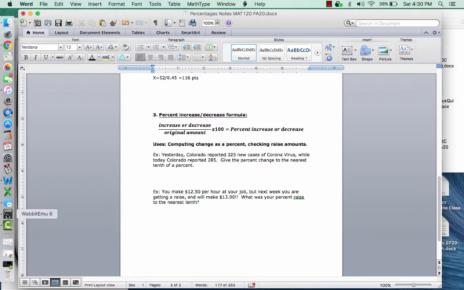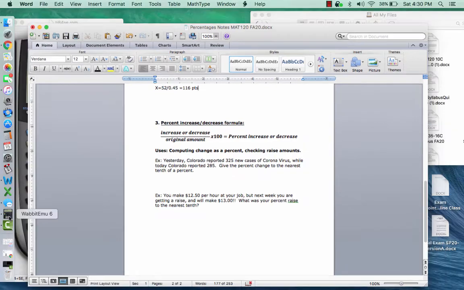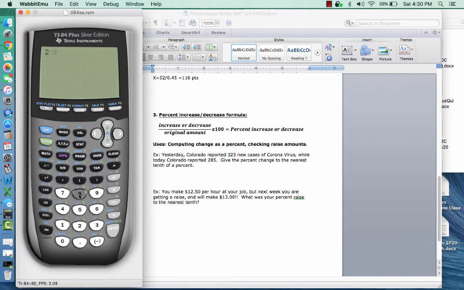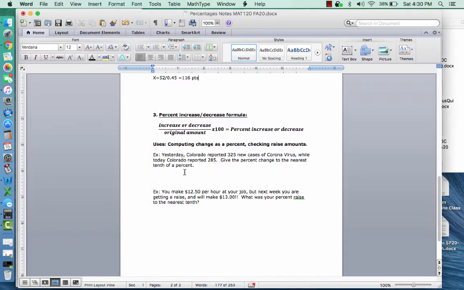Well, first I have to actually compute the change, which is not shown in this formula, but it's pretty obvious that we have to do that subtraction. So there are 285 cases today, and there were 325 cases yesterday, so the number of cases decreased by 40.